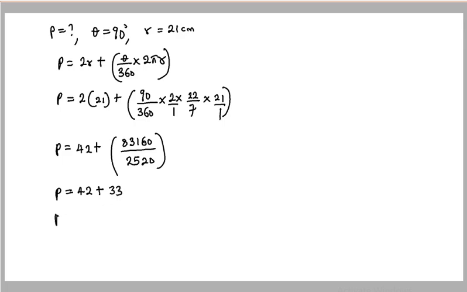So finally, to get the perimeter, 42 plus 33 gives us 75 centimeters. This is the answer to question 1: 75 centimeters.